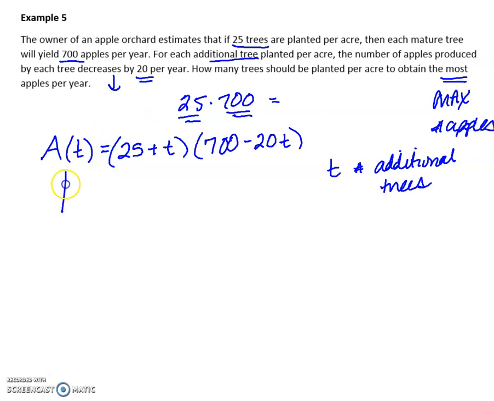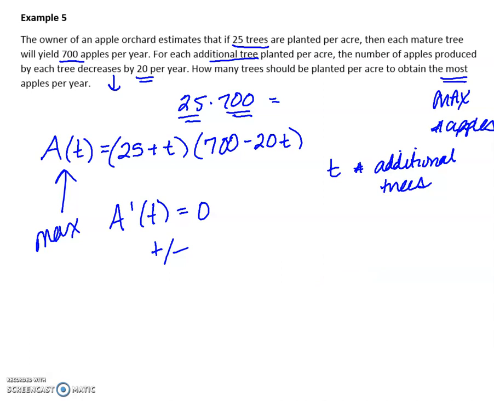We want the most. So again, we want to maximize this, which means we're going to look for when the derivative of this is 0, and specifically when it goes from positive to negative. So keep that in mind as we do our equation. Sometimes you can multiply this out and factor and find the zero. You can find the derivative and find the zeros. So for this particular one, let's see what that would look like.